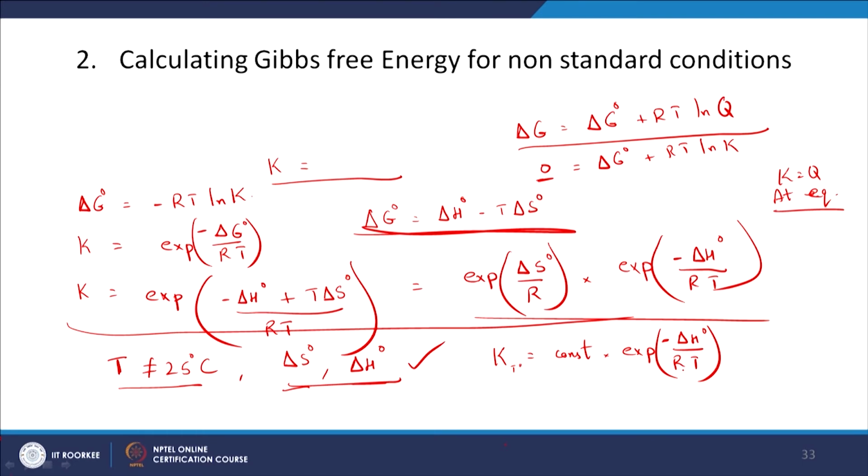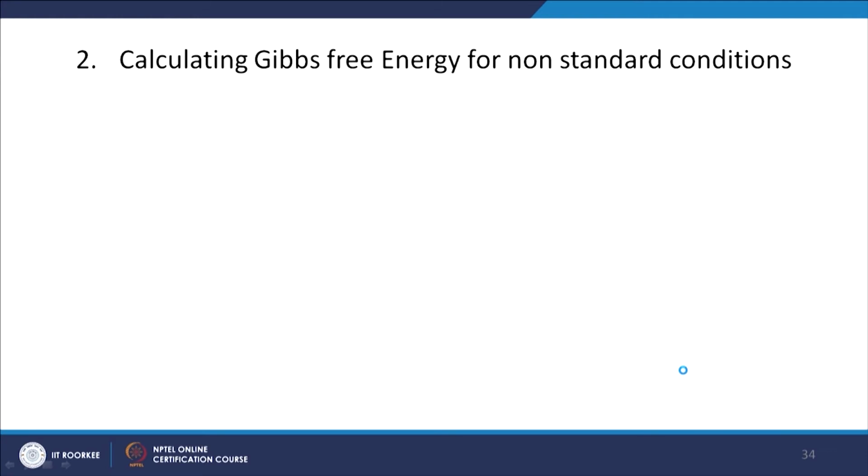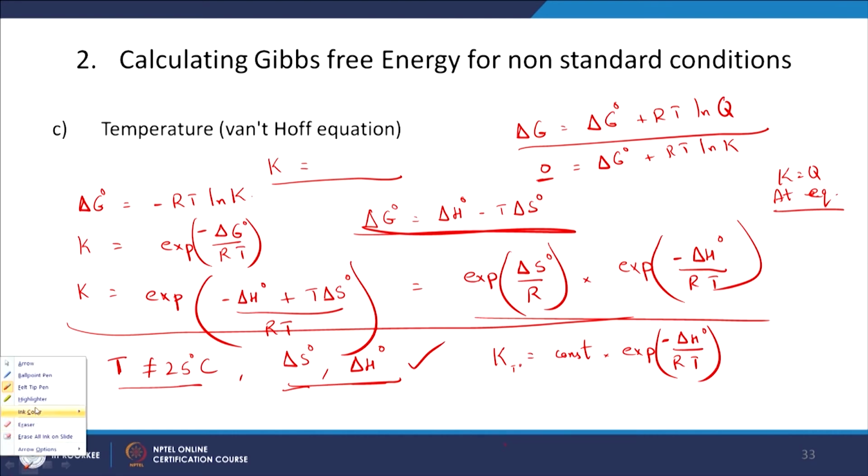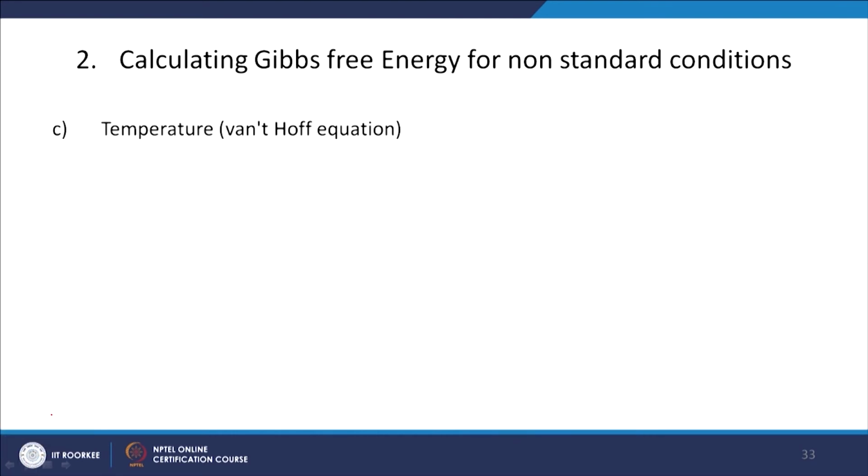So let us take this onto the next page, or on this page itself. I will try to work this out, please. We had K T naught equal to a constant into exponential of minus delta H naught by RT, right.